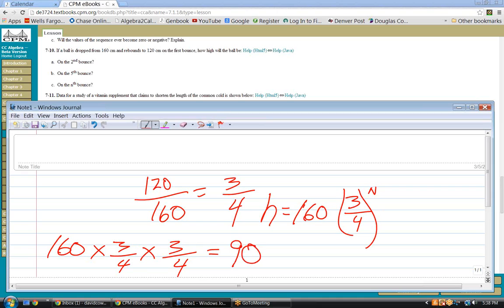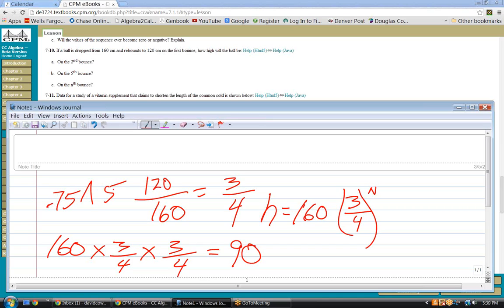I don't know how to put a fraction into my calculator. Okay, put in 0.75 raised to the 5th power. Do you have a TI-84 or 83? 83. Yeah. 0.75 is 3/4.